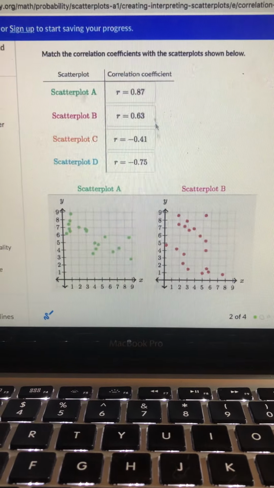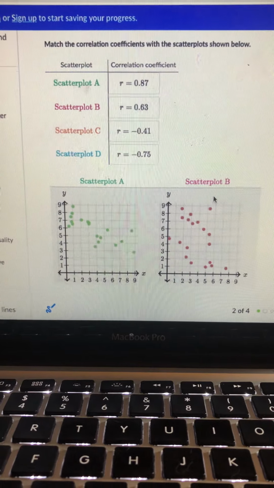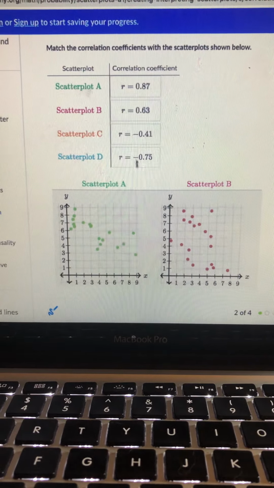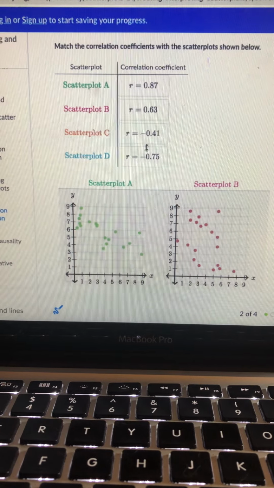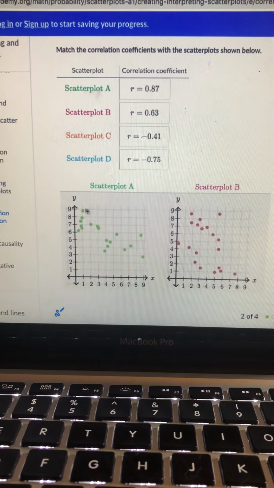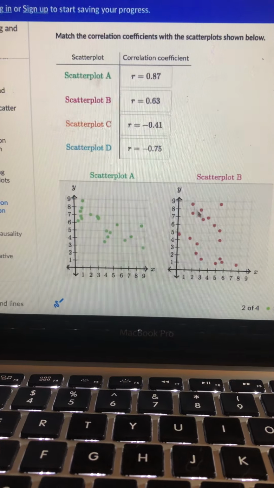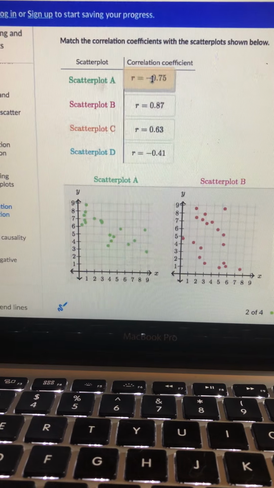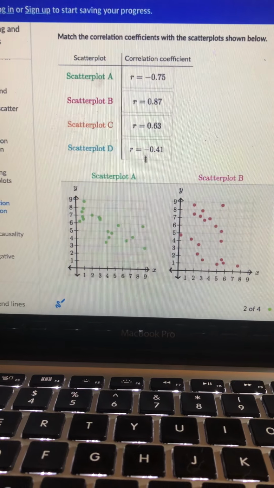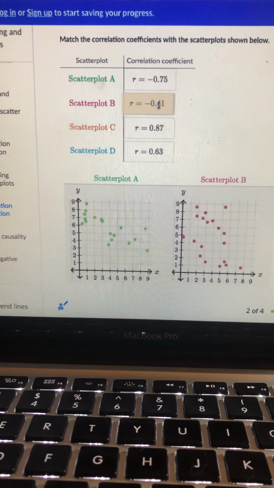So for scatterplot A and B, I need a negative correlation coefficient. I'm going to make A -0.75 because I think this one is stronger in its correlation than B. So I want that correlation coefficient to be closer to -1. You click on it, drag it up, and then this is the only other -1 left, so I know that has to be for B.